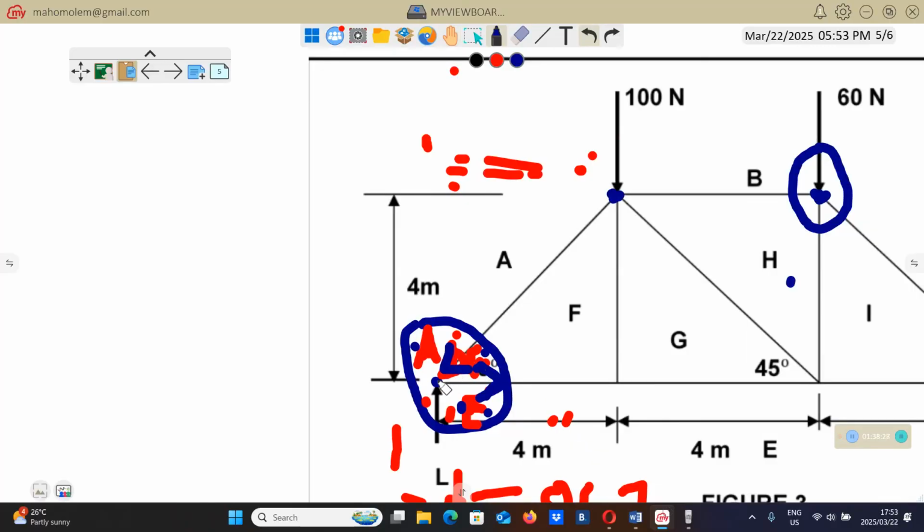On this end, towards this end, the arrow is going down. So if it's going down, we're talking about this member here. When you consider this member, on one end the direction of the arrow is downward. Then the other end, which is this, the direction will be opposite, will be up.